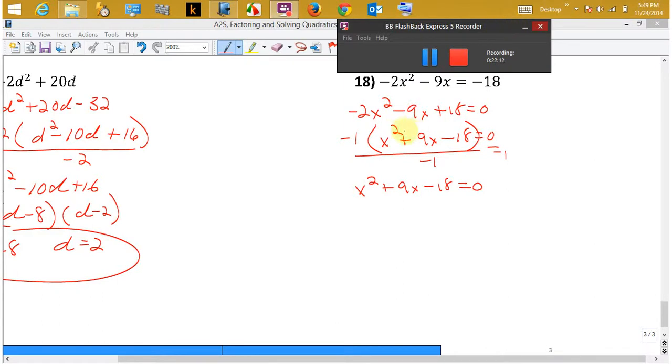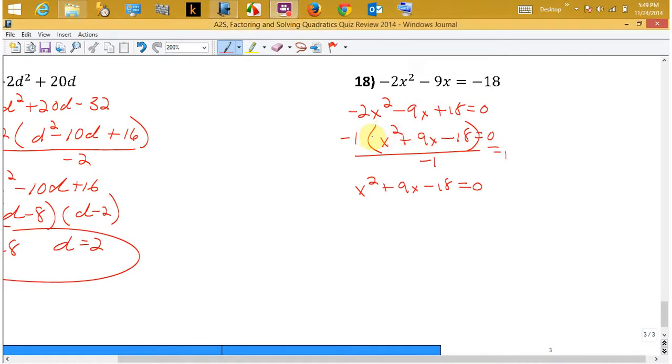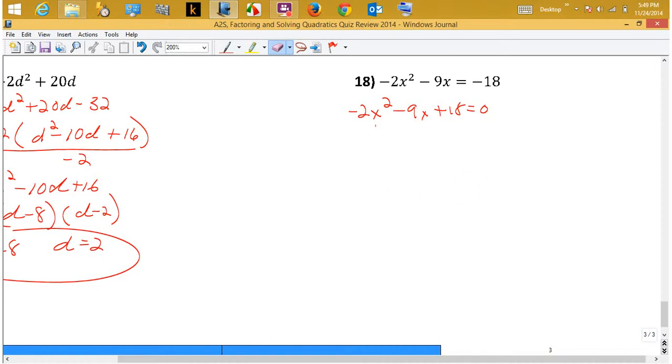Actually, I lost my 2 there, so let me put the 2 back in the problem. I took out a negative 1, so this is still going to be a 2. Let me just rework it. It gets too confusing that way. Okay, so what I'm going to do is factor out a negative 1 right here.